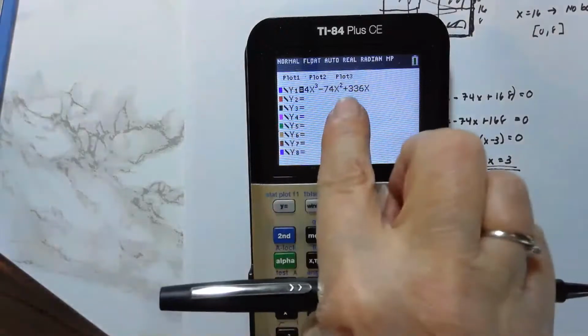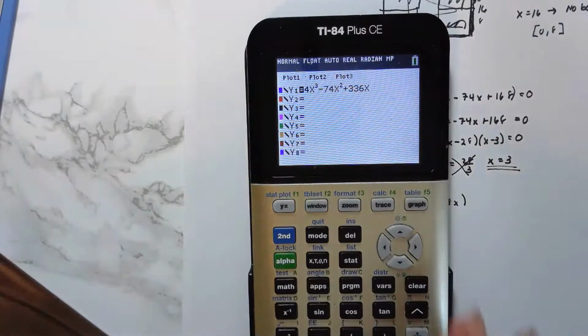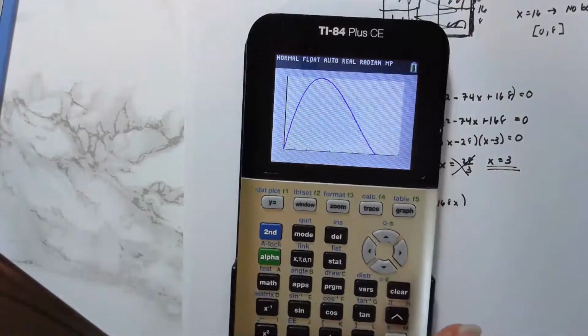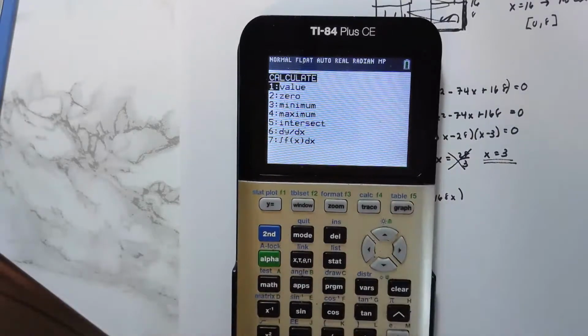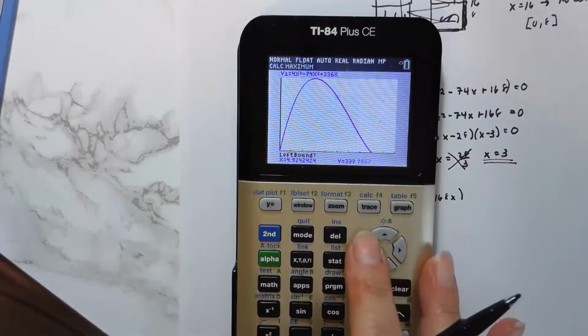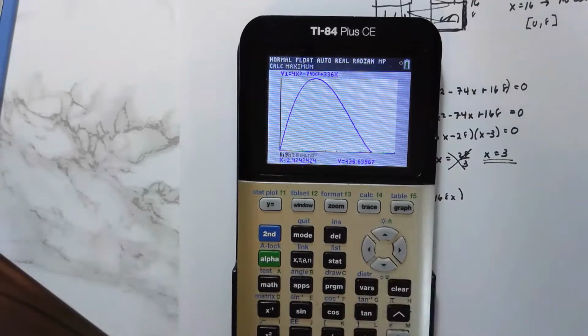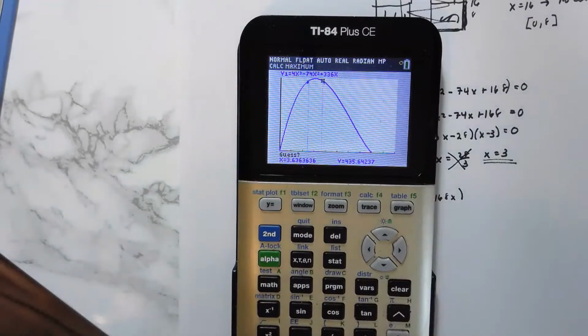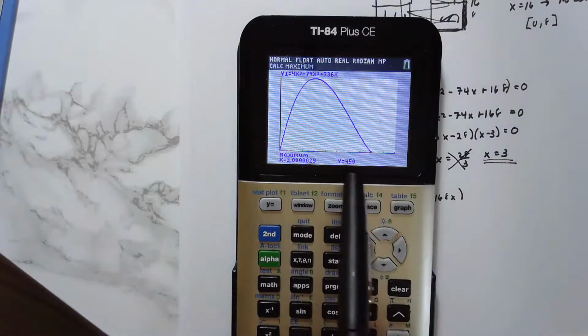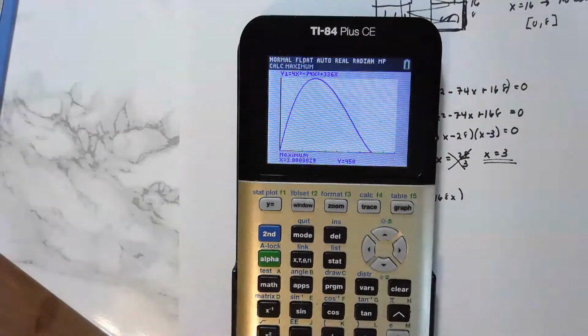You notice I put the function we found in the calculator, hit the graph key, and I could do the second calc maximum, right? A little to the left, press enter, a little to the right, press enter one more time. And bingo, when x is 3, y is 450. So, you could get a calculator problem, and that's fine.